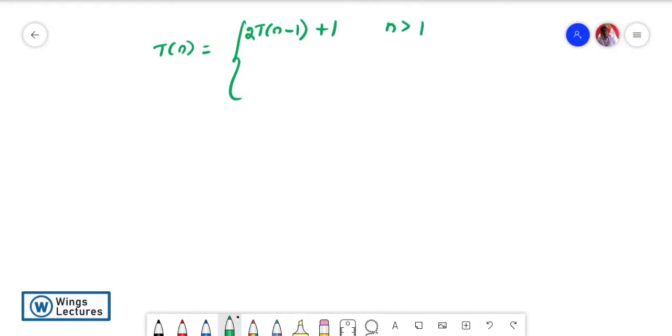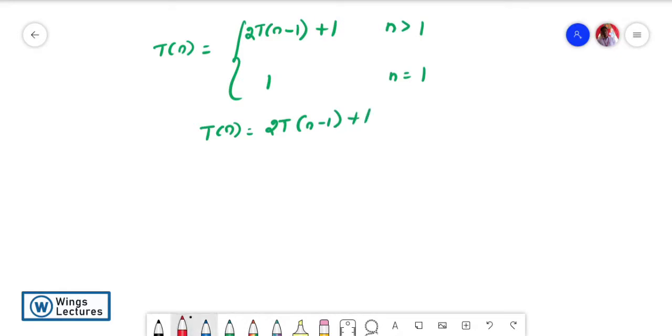Okay, or else if the input is 1 we get the time complexity as 1, because for moving 1 disk from A to B, there is nothing on it, right? Directly we can move the disk. So no need to use C, or if we are about to move A to C, no need to use B, directly you can move over here, right? Now I'm going to take the relation for this case. If n is greater than 1, 2 T of n minus 1 plus 1.